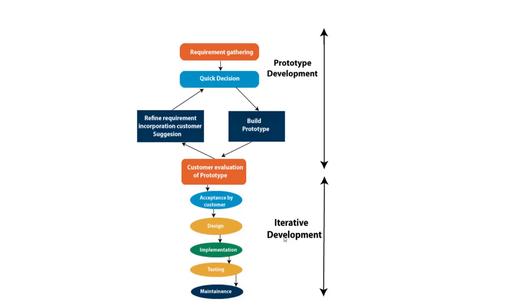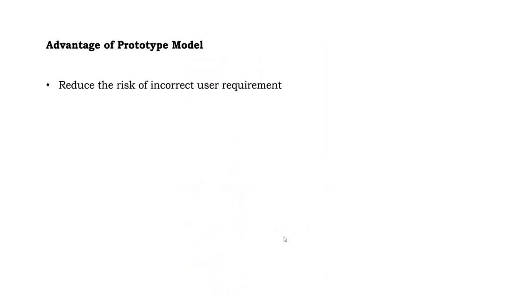As we know, every model is associated with certain advantages and disadvantages, and the prototype model also has some. Let's see them. The advantage is that it reduces the risk of incorrect user requirements. If any requirement change is needed, it can be modified then and there, so the risk associated with a change in requirements can be reduced.